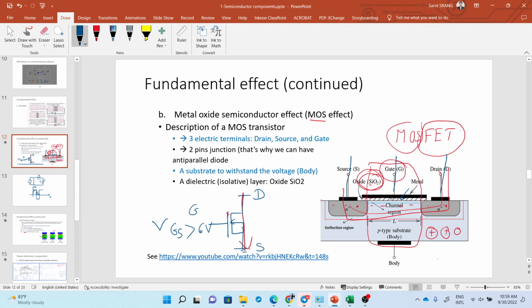So if there's an obstacle, I mean there's resistance. And actually, the bigger the better for some MOSFETs. Some drivers that drive the MOSFET to turn on and off can use up to 12 volts.